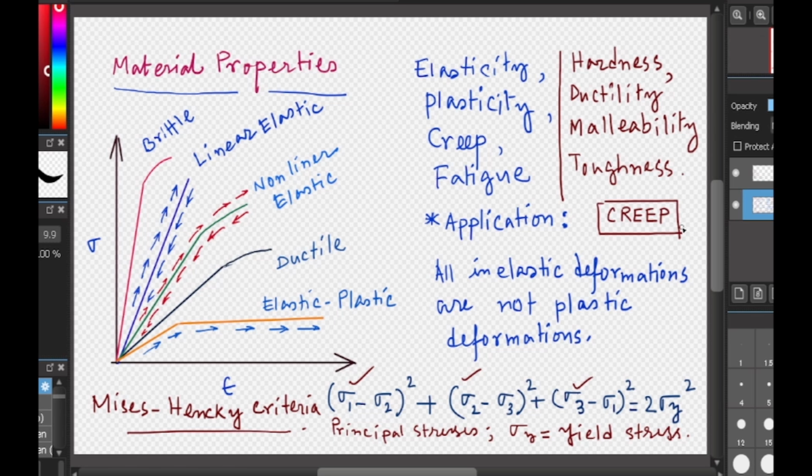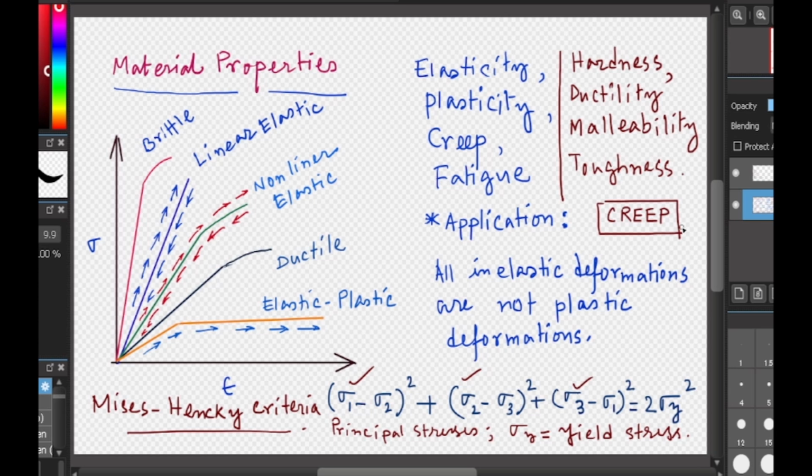Now, creep is a time and temperature dependent parameter, and it can create permanent deformation under constant load over a long period of time of application for a certain loading condition.